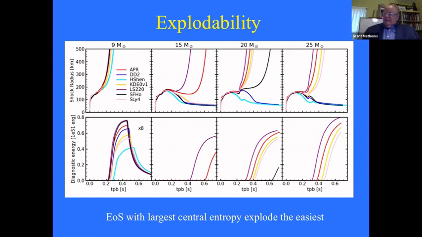It's a fine equation of state, but it actually induces the highest entropy. And the worst case actually turns out to be the mean field Shen equation of state, which also has the lowest central entropy. Does that answer your question?